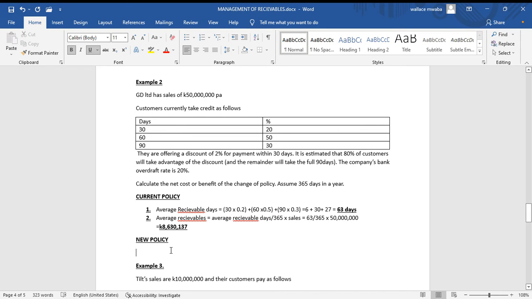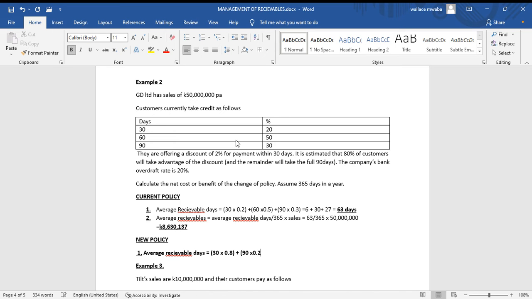So let's find out our new average receivable days. We said 80% of the customers will pay within 30 days, so 30 times 0.8, plus the remainder, which is the 20%, will take 90 days, so 90 times 0.2.